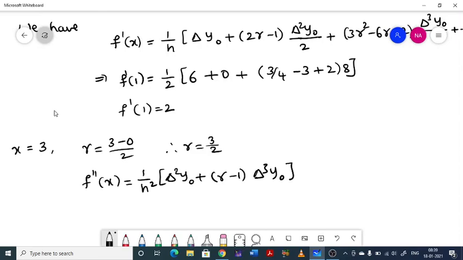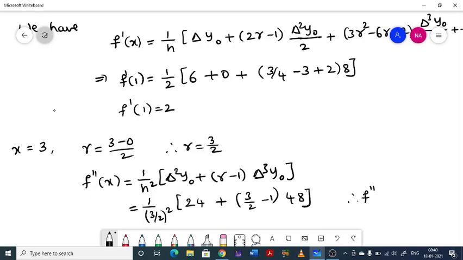So substituting these values, you will get 1 by h square times delta 2 y naught, that will be 24, plus 3 by 2 minus 1 into 48. So we'll get f double dash of 3 to be 12.